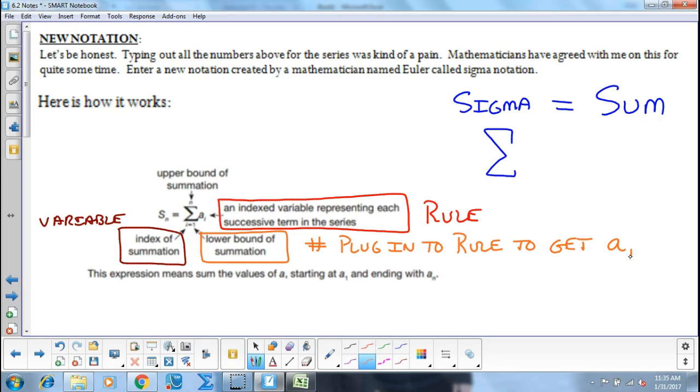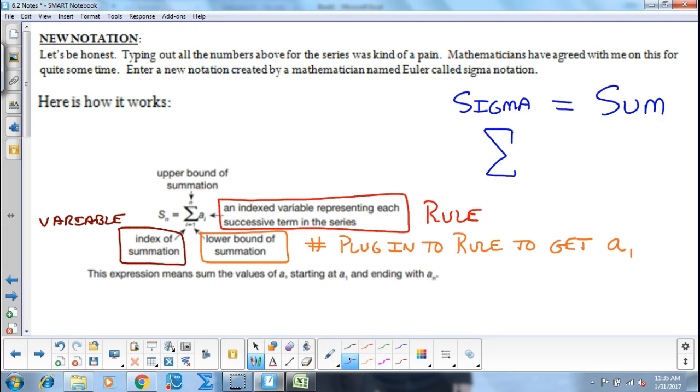So whatever number is below your sigma, you plug that number in for that index of summation into that rule, and the result there then is your first term. That's your lower bound.